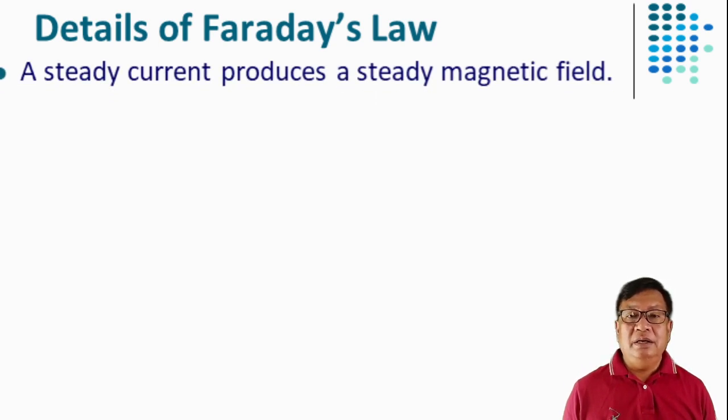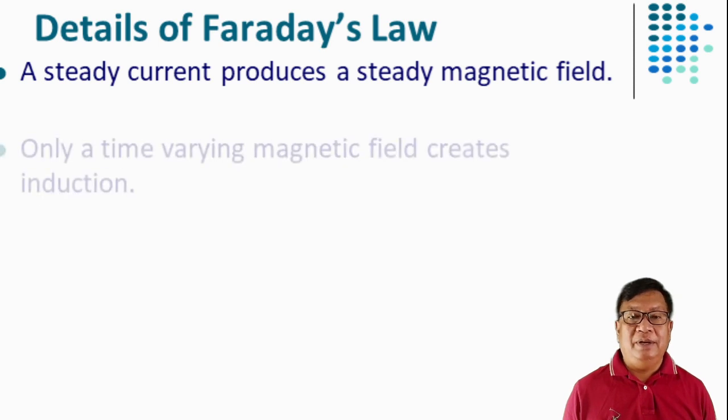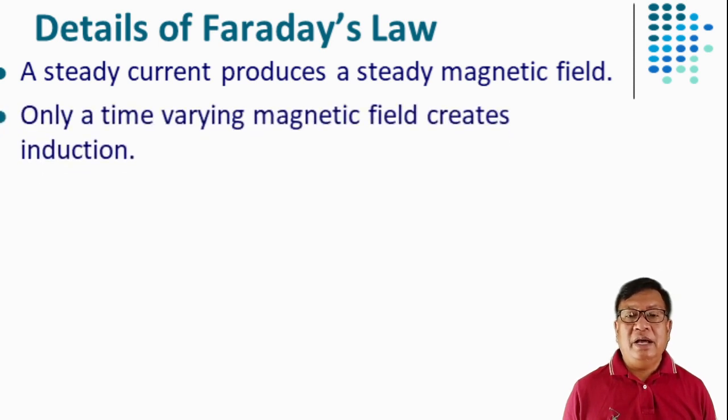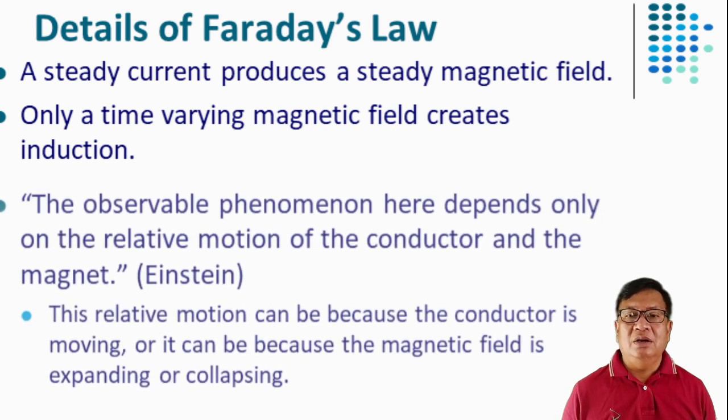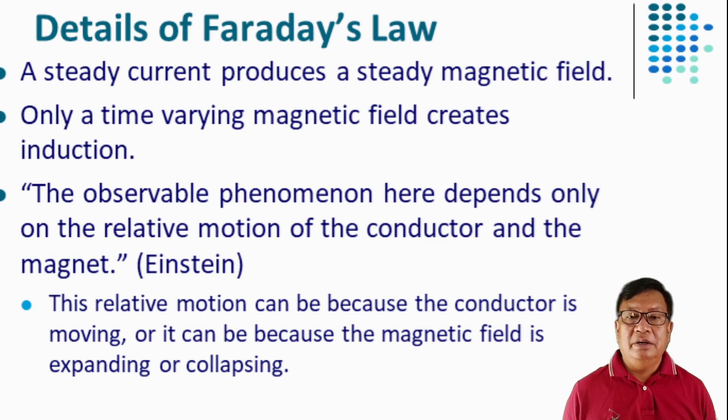So we have these details of Faraday's law. Okay, steady current produces steady magnetic field. Okay, only a time varying magnetic field creates an induction. Okay, so time varying magnetic field. Pag walang nagbabago, walang ma-induce na kuryente o voltahe. The observable phenomenon here depends only on the relative motion of the conductor and the magnet.